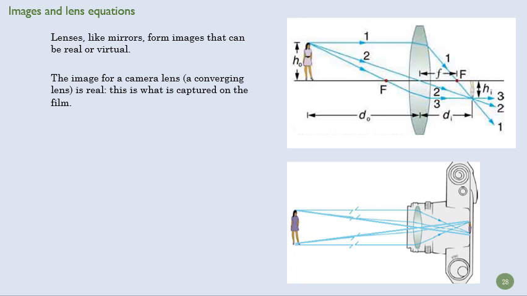So if we put that film right here, you'd get a really blurry image because the rays from different parts of this woman would be hitting the same piece of film. But in this instance, every ray from this part hits here. Every ray from her feet hits here. And that's what makes that in focus.